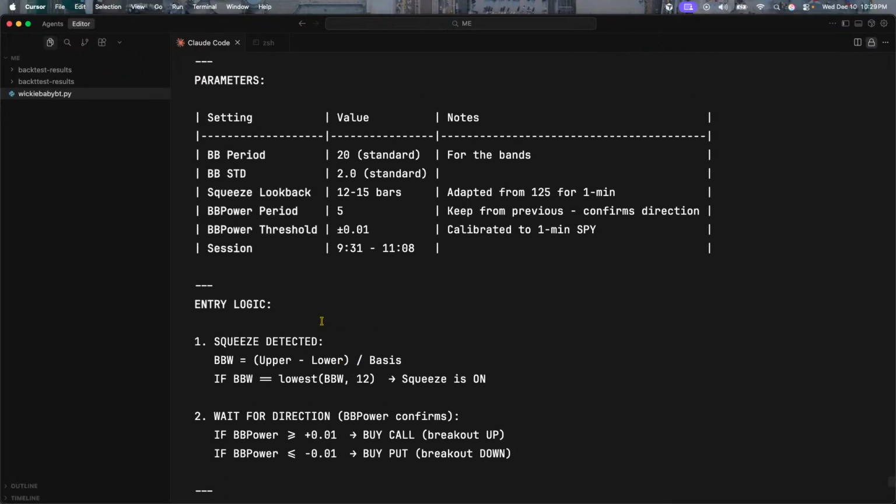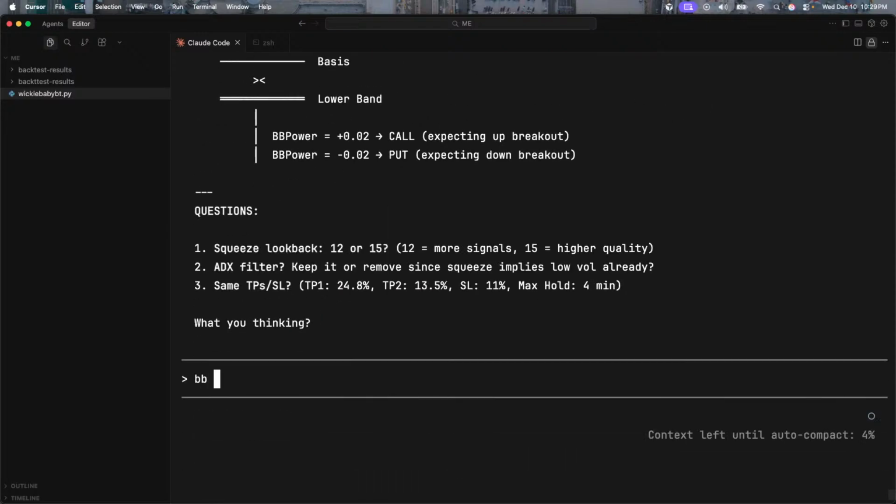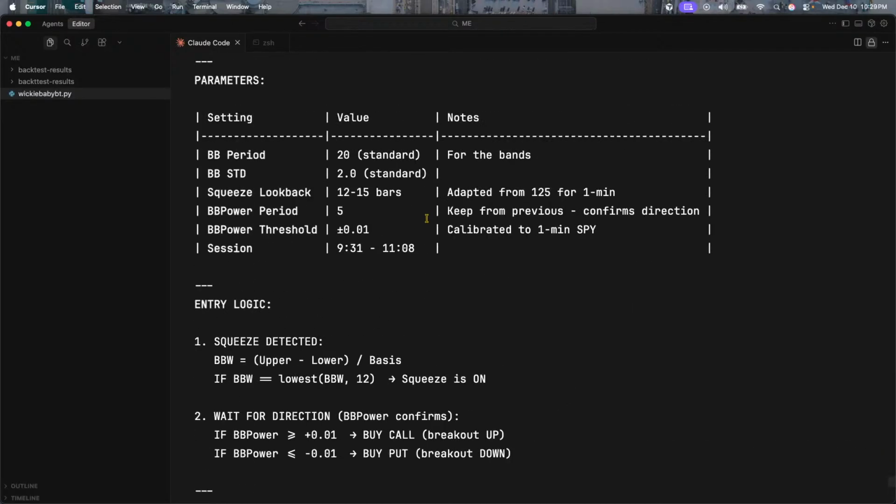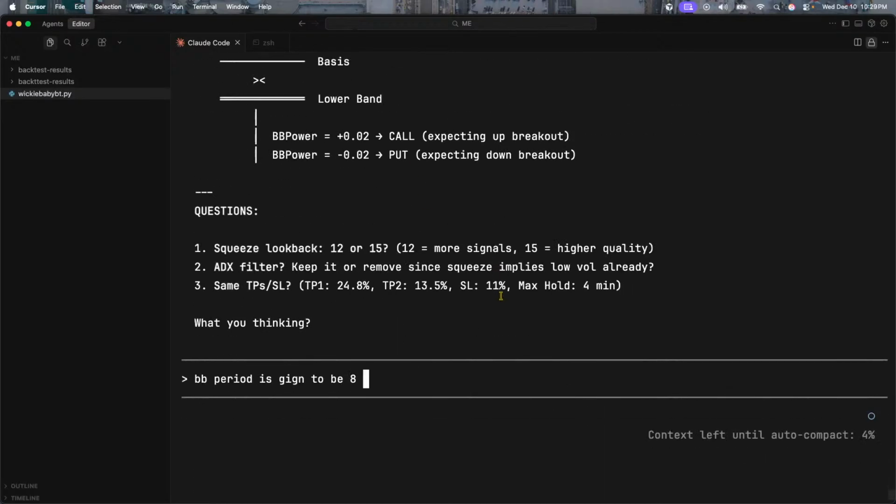Okay, hold on, a few things. BB period is going to be 10. Let's do 12. Let's do 8. BB standard deviation is going to be a bit tighter. Let's start with 0.88. Yes, 0.88.